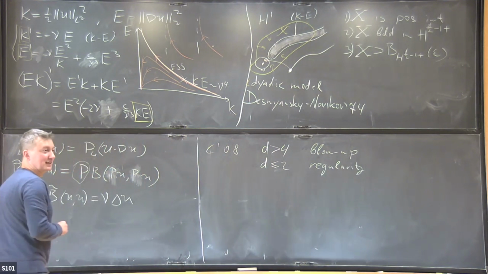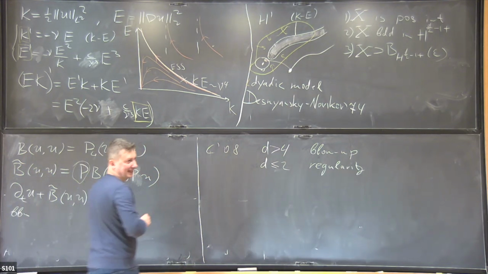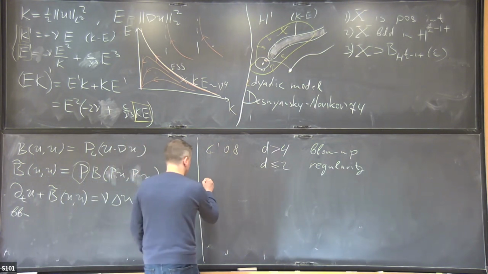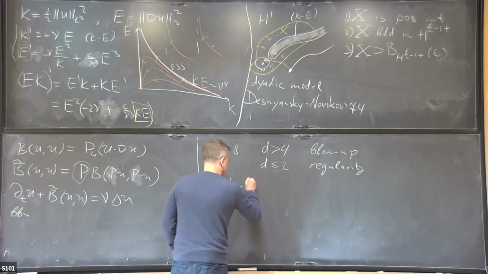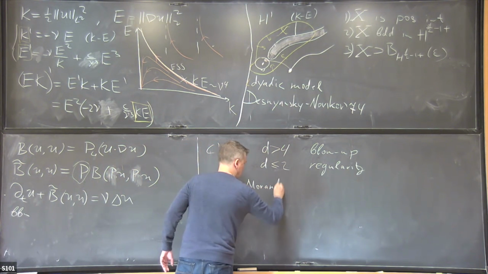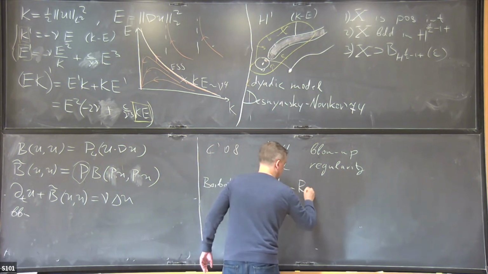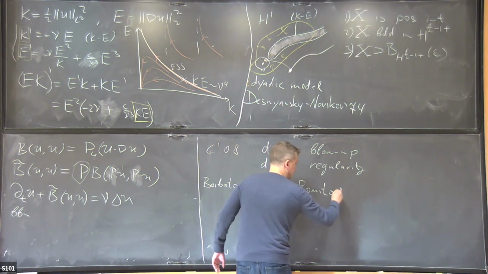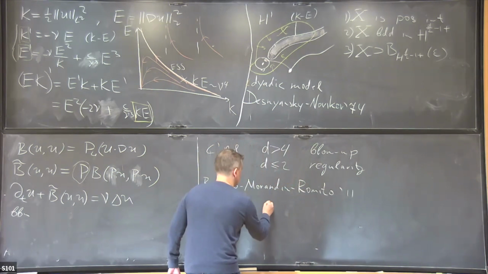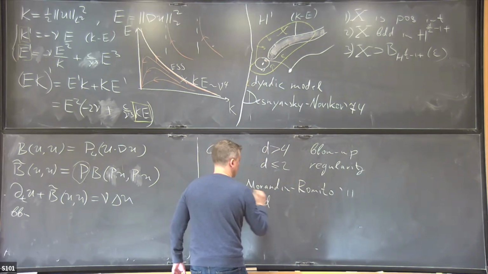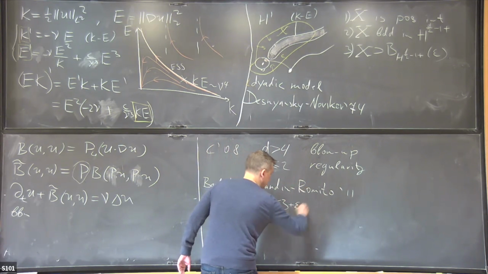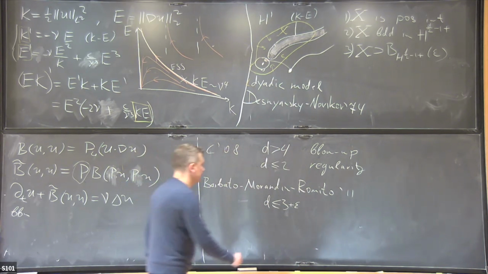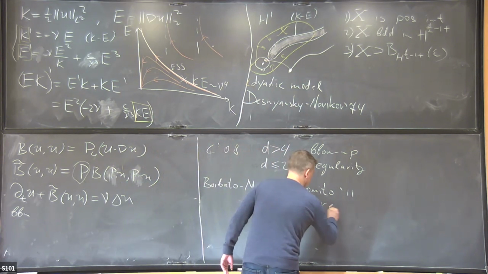It was done for the dyadic model, by Barbato and coauthors in 2011. They proved that when d is less than or equal to 3 plus some maybe tiny epsilon, then there is no blow up, regularity.